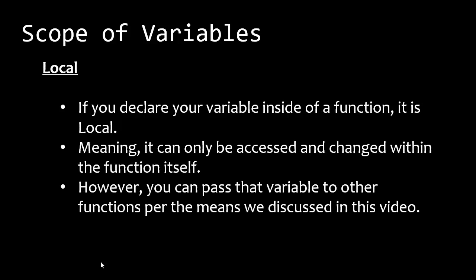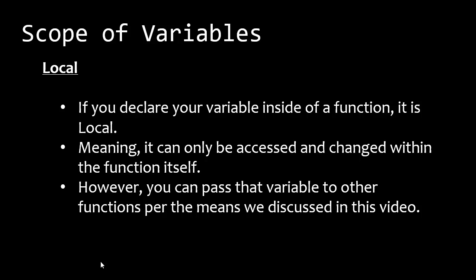Local: if you declare your variables inside of a function, it is local, meaning it can only be accessed and changed within the function itself. However, you can pass that variable to other functions for the means we discussed already in this video. Let's think about the life of a local variable real fast. The life of a local variable lasts throughout the function.